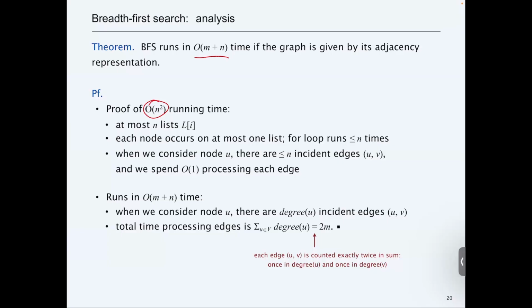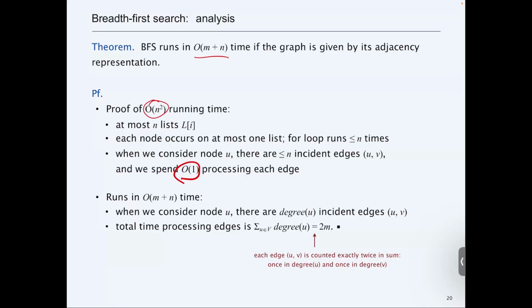So for each incident edge, uv, we only spend a constant amount of time checking it. So we're only spending big O of 1 time processing that edge. And the time that we're spending there is trying to figure out whether or not v has already been discovered and whether it should be added to the next layer. So that can be done in constant time.